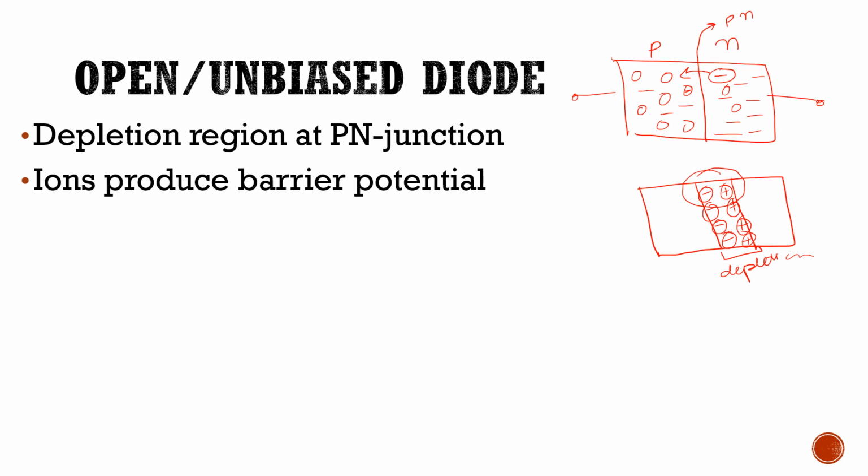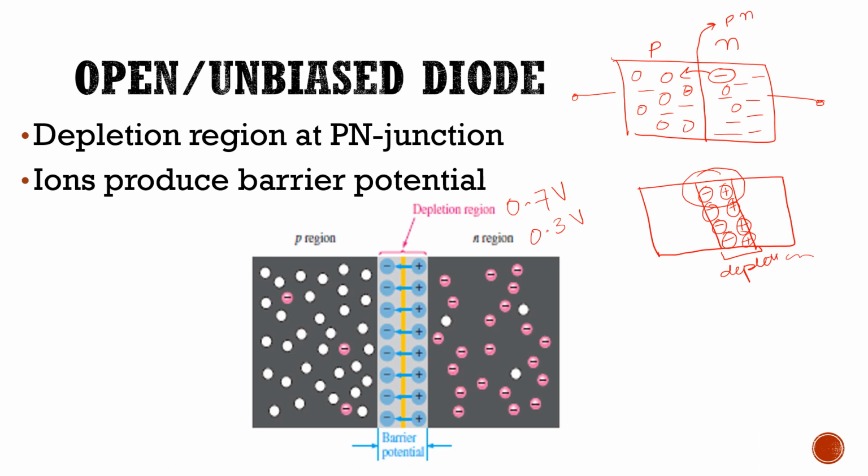At room temperature, this barrier potential is approximately 0.7 volts for a silicon diode and 0.3 volts for a germanium diode. In an open or unbiased diode, an electric field is set up across the depletion layer between the n-type and p-type material, and the direction of this electric field is from the n region to the p region.